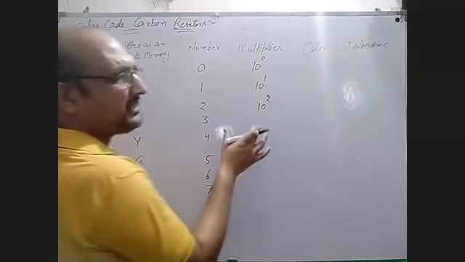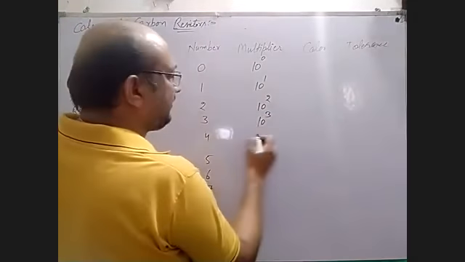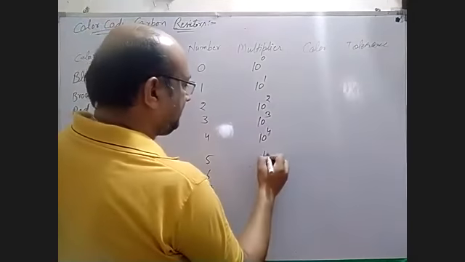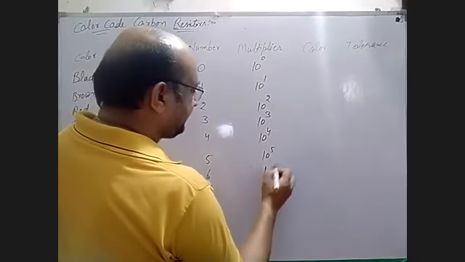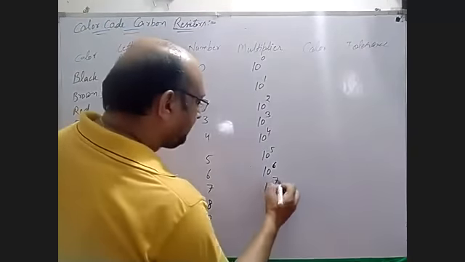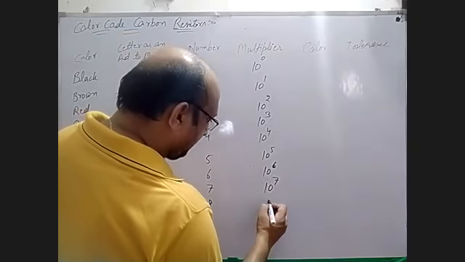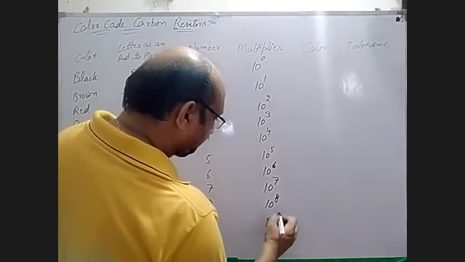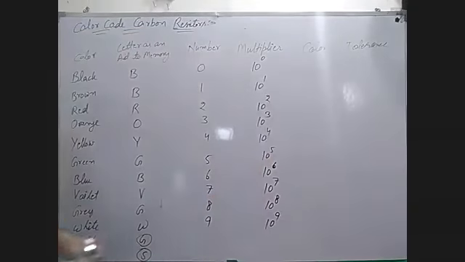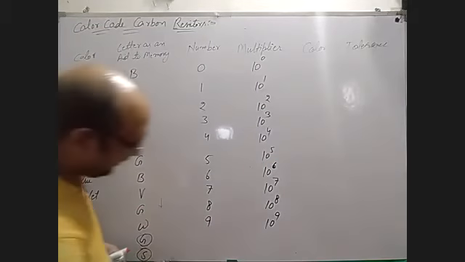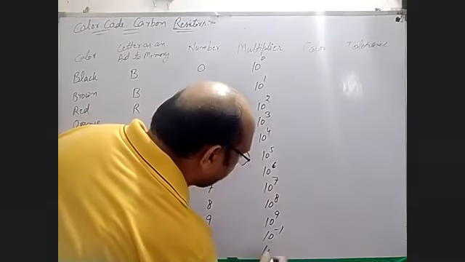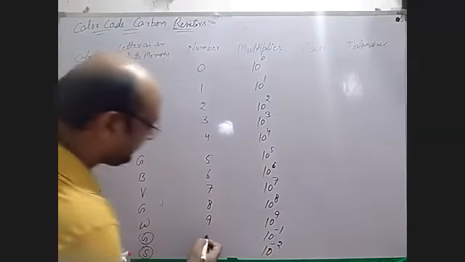There is some cramming in making this table, and then you can easily draw it. Multiplier of 10, and for gold and silver, you have to take 10 raised to the power minus 1 and 10 raised to the power minus 2.